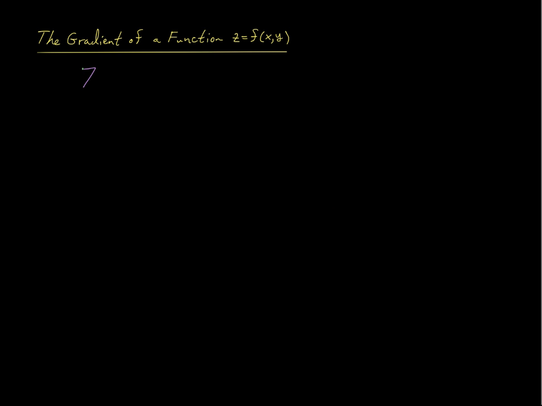All right, so now the last thing I want to do is formally define what we mean by the gradient of a function f. The gradient of a function f of two variables, we write as this upside down triangle, this capital del, evaluated at any point, say x, y.